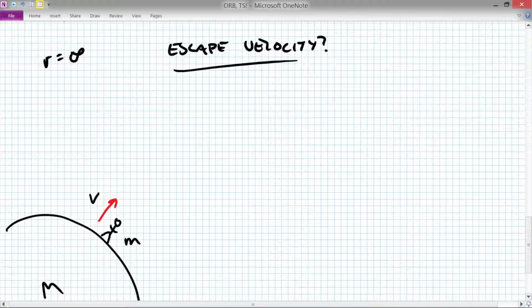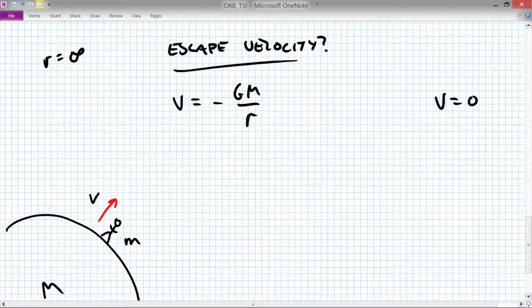So it's quite straightforward, it's not too difficult. How much energy do I have down here? Well, really, let's consider potential. So down at the surface of the planet, I have some potential, which is minus GM over r, and I want to escape to infinity where V is equal to 0.